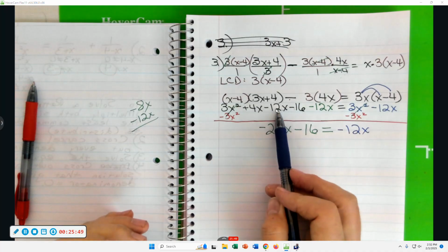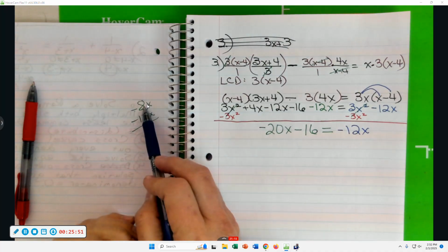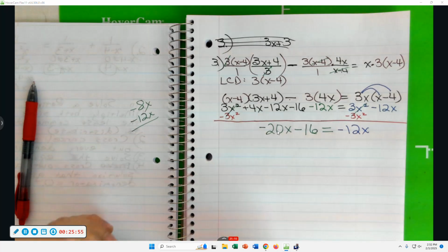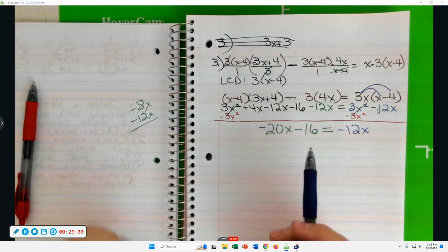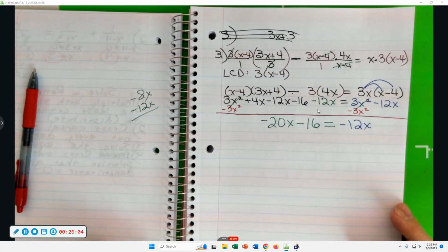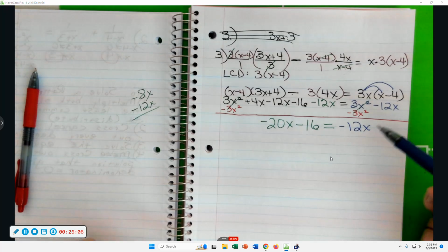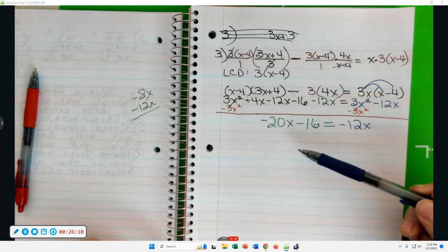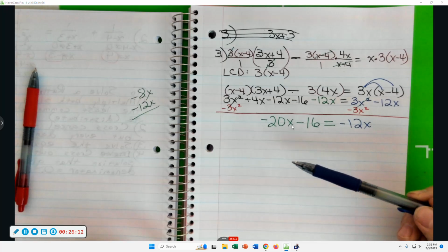4 minus 12 is negative 8. Minus another 12 is negative 20. Some people right here might have thought, oh, add 12x, plus 12x, plus 12x. Yeah, that would have done it. Okay, ahead. Now we need to get all the x terms by themselves on one side.